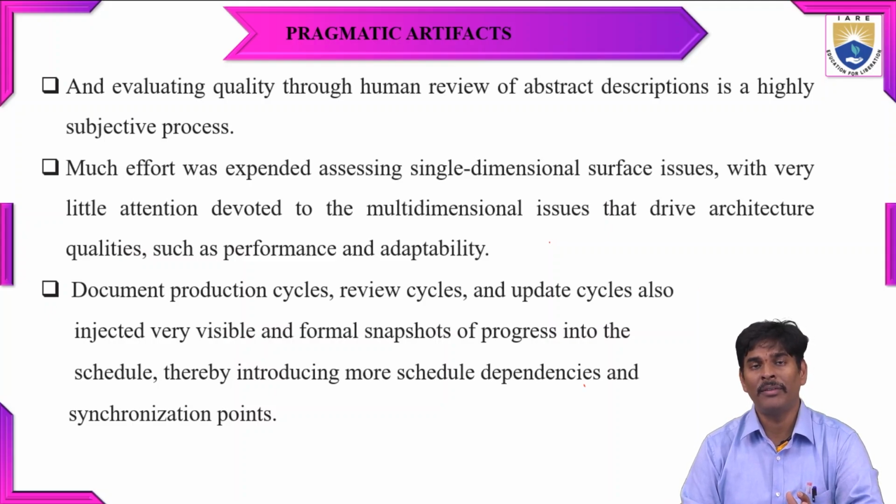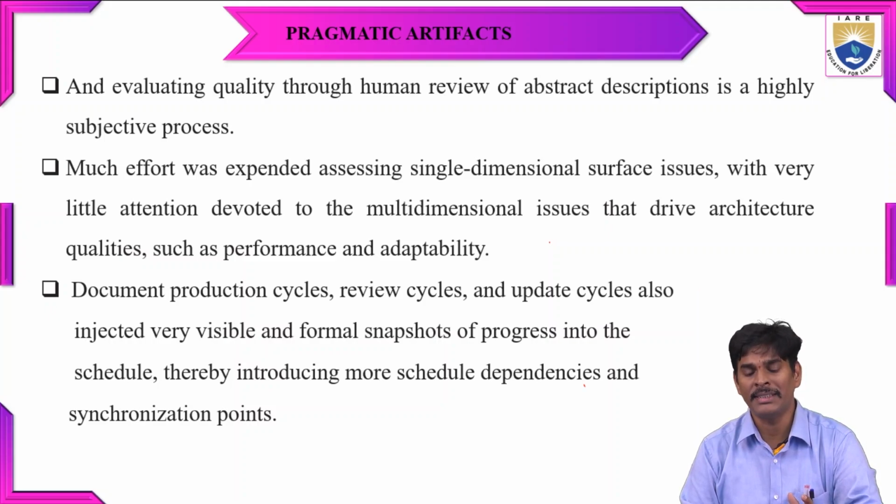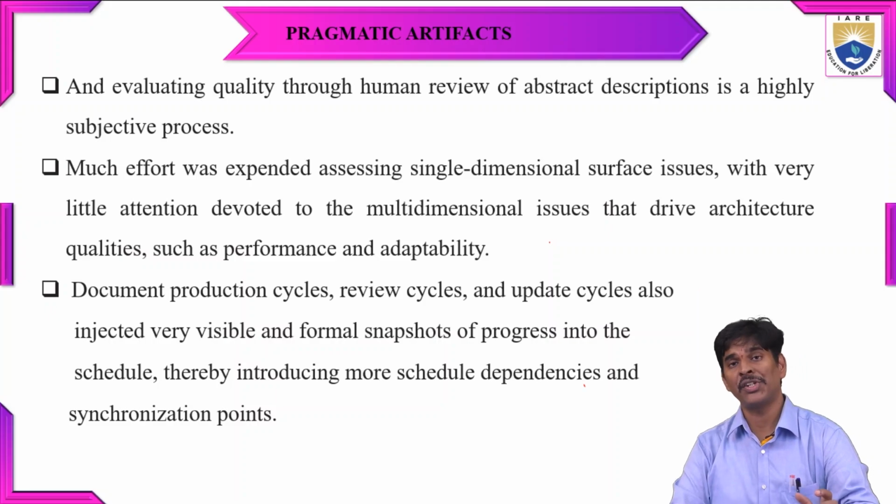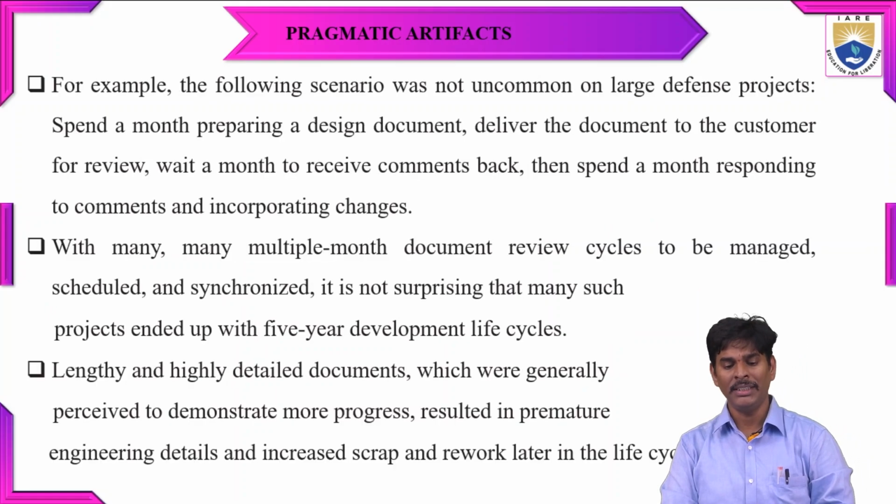For example, for the review of projects, if you inspect the review papers every quarter or half-yearly, they can get more quality for the project. Here the document production cycles, review cycles and update cycles play a very important role in progressing the schedule. So that's why they are going to check the schedule dependency and the synchronization between the different types of cycles.